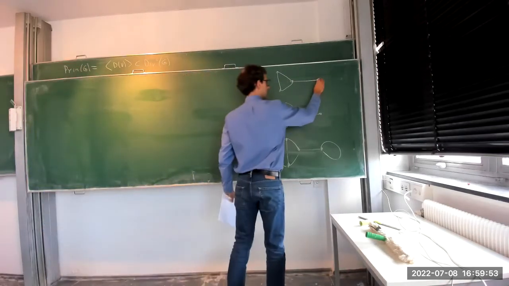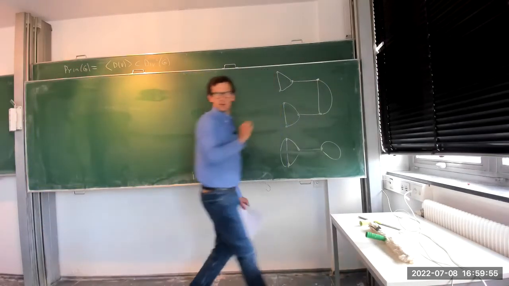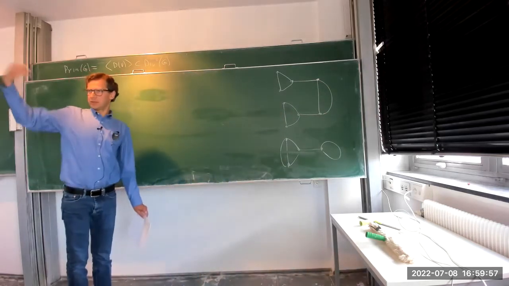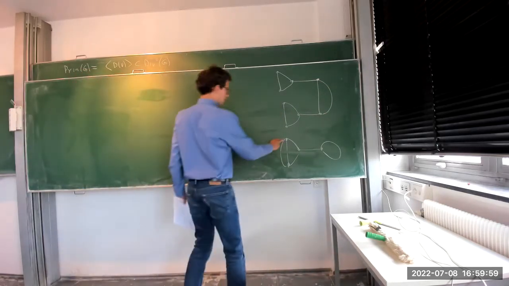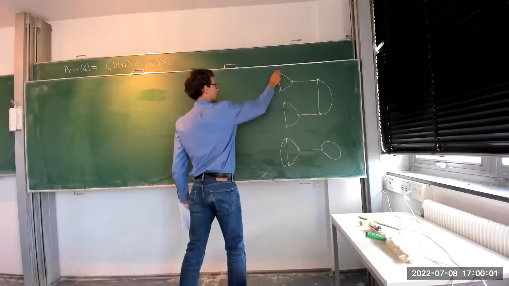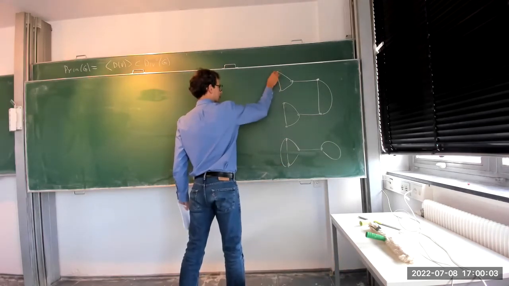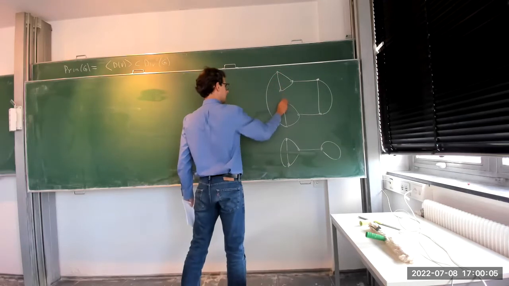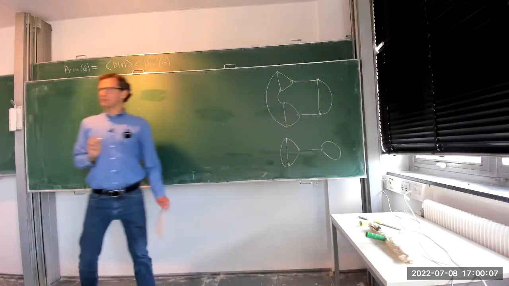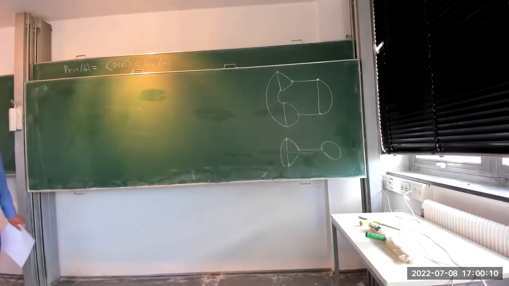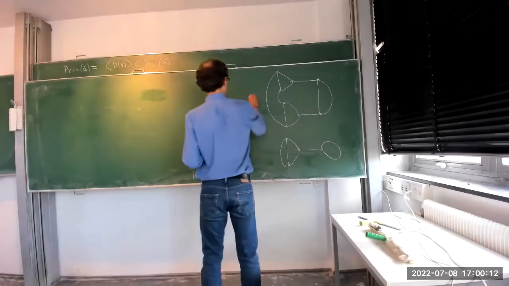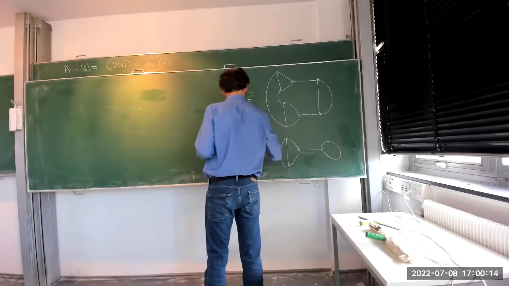This loop, I'm going to lift it like this. So there are going to be 2 edges like that connecting the 2 sheets of my cover. And similarly, this edge, I'm going to start drawing from here, but instead of ending up here, I'm going to end up all the way here. And similarly, this edge is going to go like this. Okay. So this is my double cover. So this is G tilde going to G.